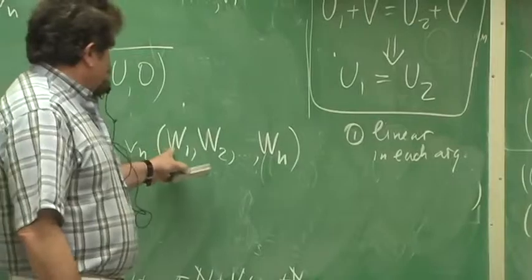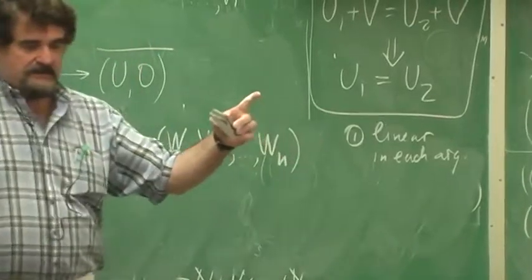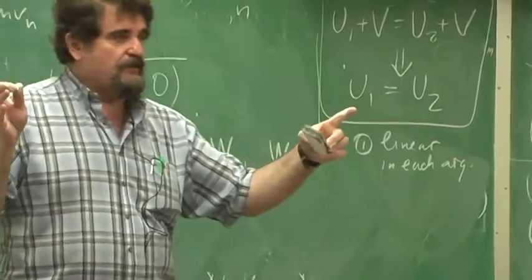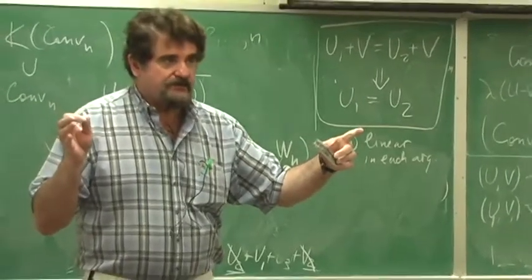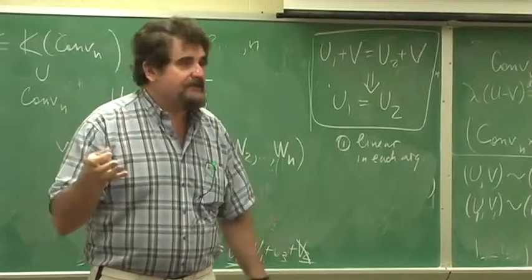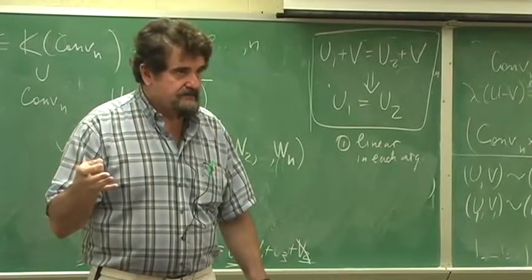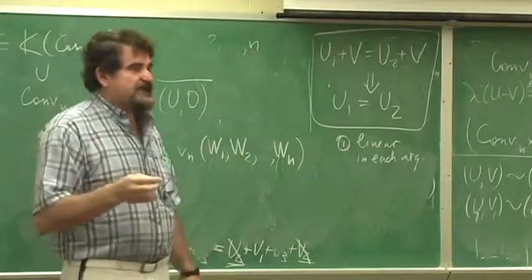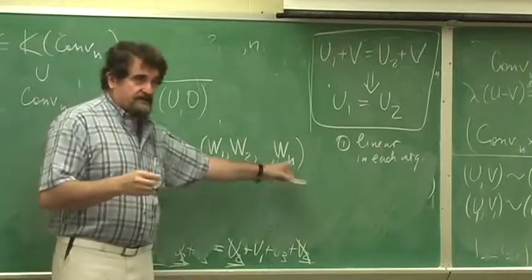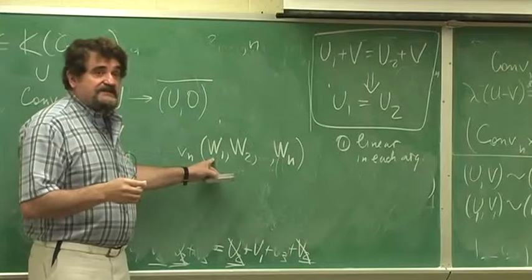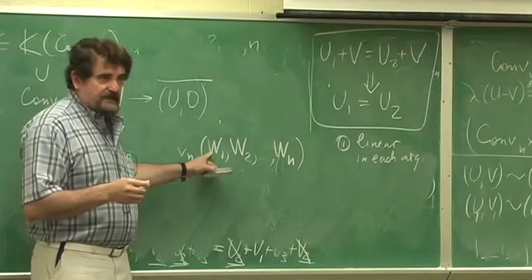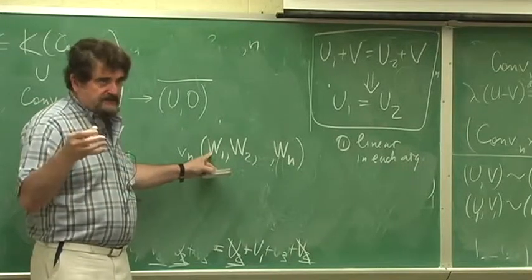That means to any n-tuple of elements of the K group, we associate a number. And this association is linear in every argument. We understand what it means to add two elements of the K group with coefficients. Yes, we do.